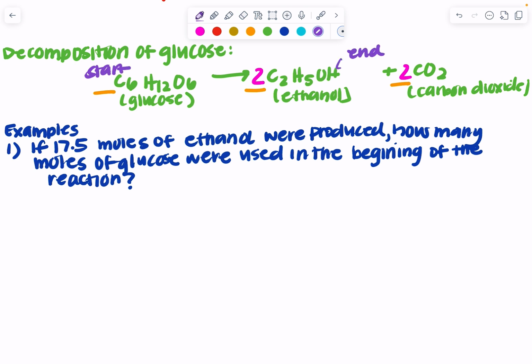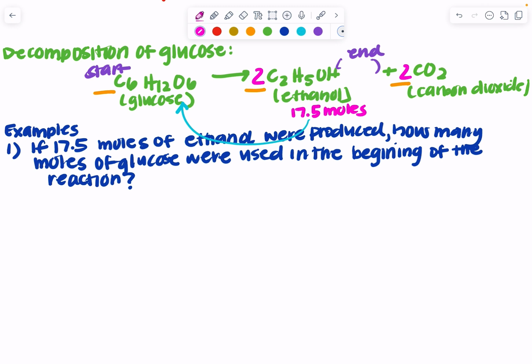We end with these two, but we started with glucose, after glucose decomposes into ethanol and carbon dioxide. What's really nice about stoichiometry is we know that we ended the reaction, and when we looked at how much ethanol we had, 17.5 moles. The question's asking us, if we had 17.5 moles of this, how many moles of this did we start with?